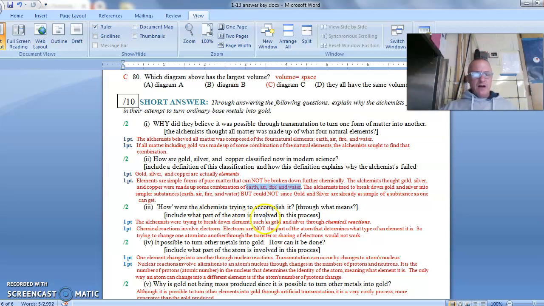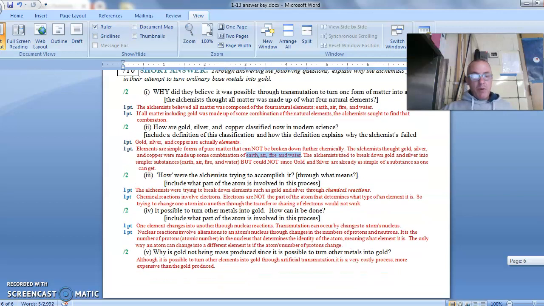Letter 3, how were the alchemists trying to accomplish it? How did they think that they could break gold and silver down into the substances which made them up? Earth, air, fire, and water. They thought gold and silver were combinations of those, but they were trying to do it through chemical reactions. It was several hundred years after alchemy fell by the wayside that nuclear reactions were even discovered to be taking place.